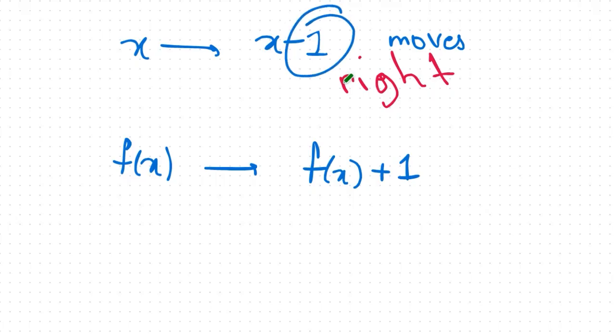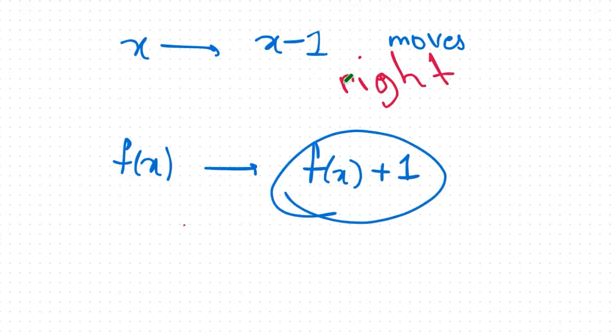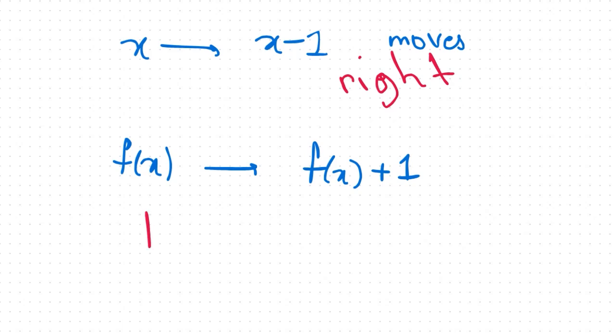So even though we are subtracting, it is moving right. What about this? f of x to f of x plus 1. So we're just adding 1 to y. So it moves along y direction, okay? Vertically up.